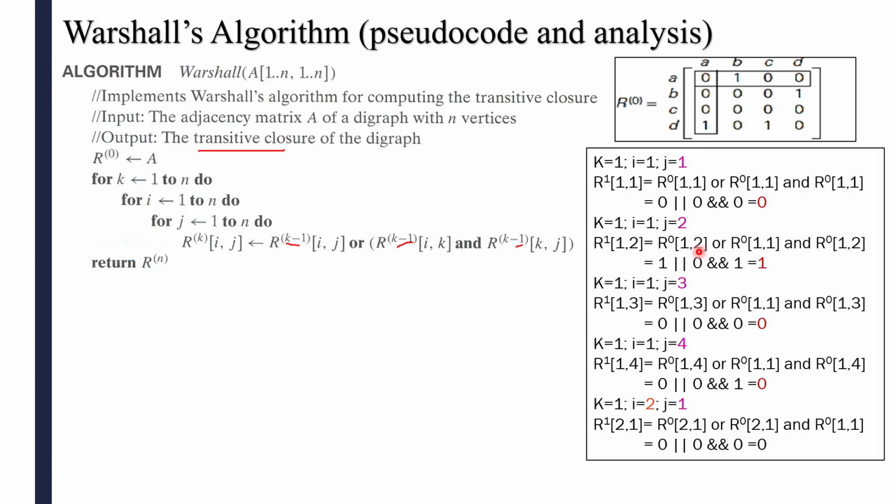The meaning of this is: in R0, what is the value of the first row and second column? The first row, second column value is 1 here. So that's why I took it as 1. And in the first row, first column of R0, the value is 0 here. And the first row, second column is 1 here.